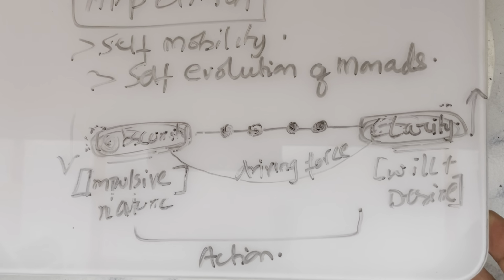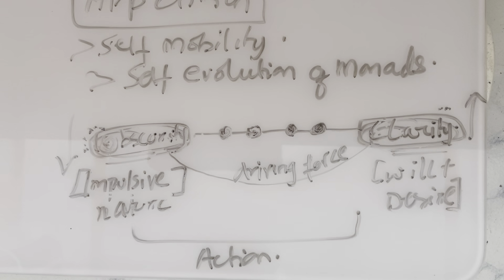So Leibniz, of course, he was a rationalist, and every rationalist considers reason or intellect to be the valid source of knowledge, and all their philosophy revolves around reason and intellect. They put reason and intellect at the highest pedestal, and therefore for any type of monad to perform any kind of action, according to the rationalists, they have to have some sort of reasoning before they bring it into action.